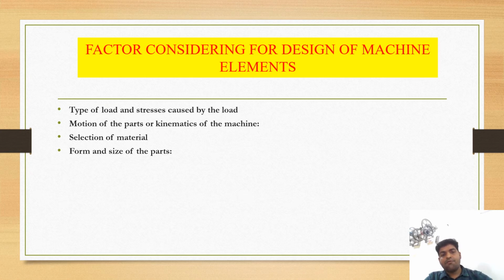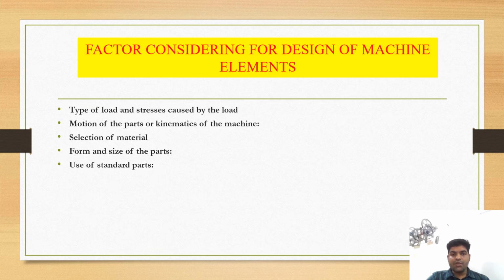Next one is form and size of the parts. While assigning form and size of any machine part, it is necessary to know the forces which the part must sustain.